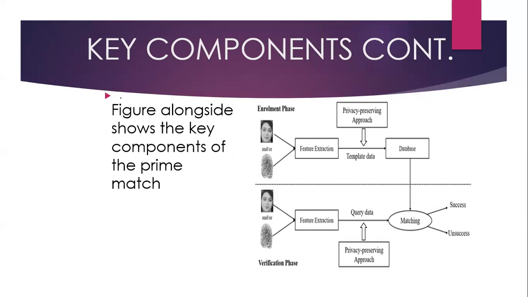Then it goes for matching. In the verification phase, they collect both IDs and the biometric system's feature extractions. The enrollment data being transferred is template data, and here it is query data. They both use privacy-preserving approaches. Then it goes for matching, and the database can be verified here, whether it succeeds or not. This is the concept of how the key components work in PrimeMatch.